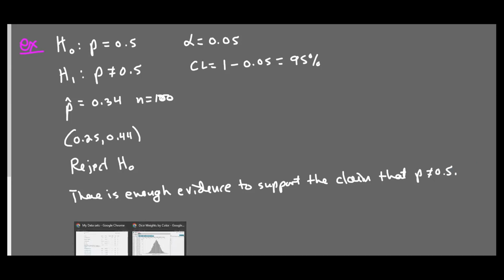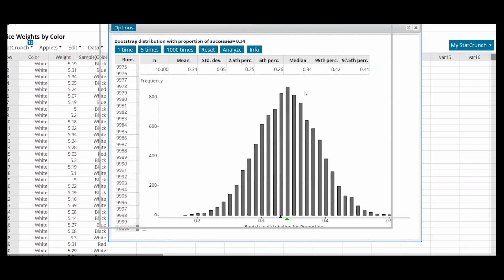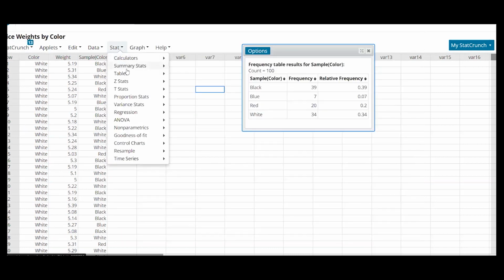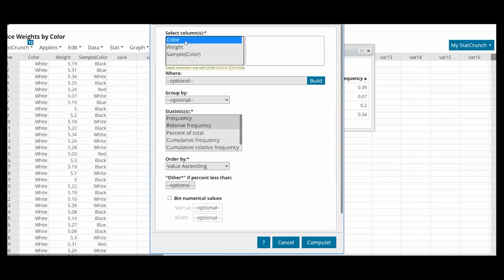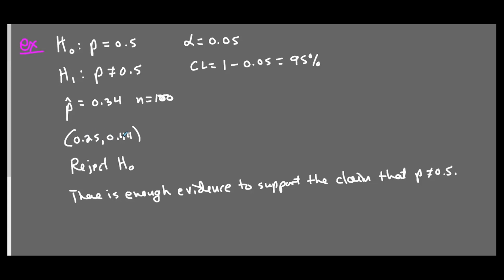So I have all of the colors of all the dice in the bucket. So if I just do my frequency table on all the colors, we see that the population proportion of white dice is actually 0.3. It's 30%, which is in my interval, right? My interval contains that 0.3.